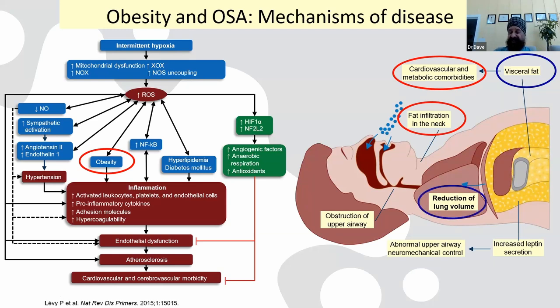It's going to reduce the lung volume and increase the work of breathing. The ventilatory load is going to be increased by this visceral fat. There's going to be increased leptin secretion. That's going to lead to abnormal upper airway neuromechanical control. Bottom line here is increased risk of upper airway obstruction. So these are some of the things that we have to think about in terms of patient management.